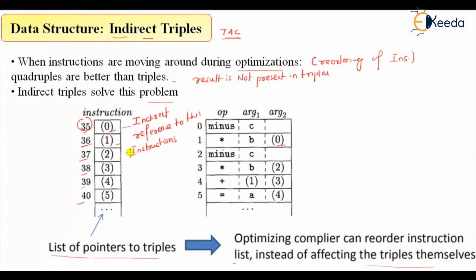These are nothing but the pointers. And if you change the pointers, say this 3 moves around and comes over here, and 2 comes over here, then we can directly handle it by using the pointers. So this is indirect triples. Okay, so that's all for this. Thank you.